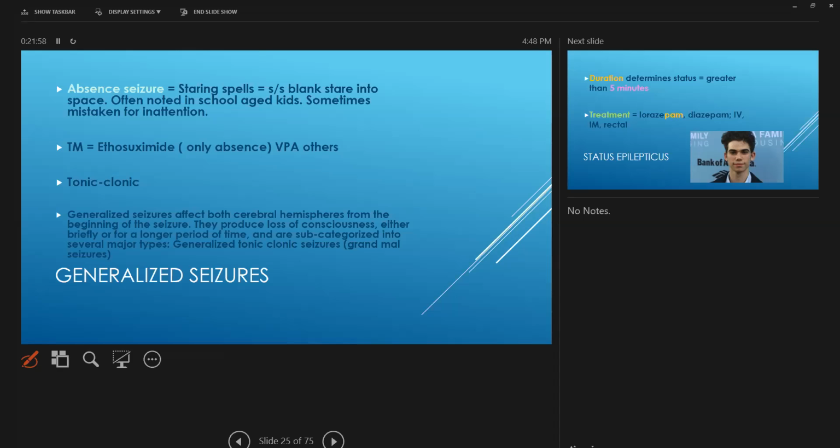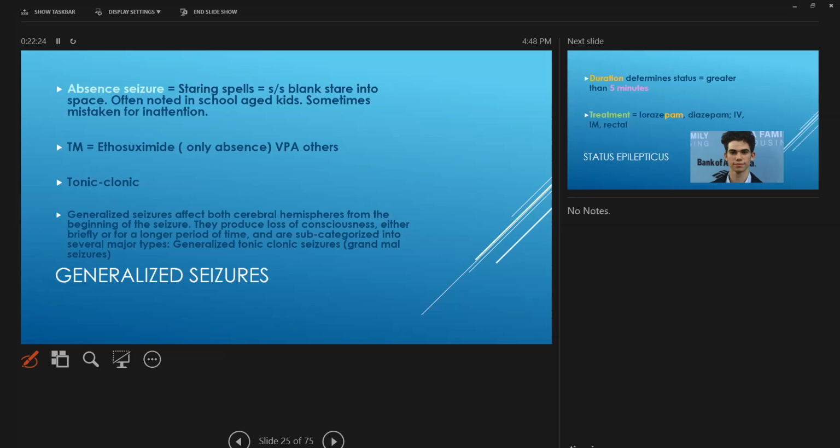Then we have our tonic-clonic seizures. These seizures are the ones where the patient is getting hypertonic, so they're tightening their muscles, and then they're also convulsing, okay? So that's considered tonic-clonic. So these generalized seizures are going to target both hemispheres, and that's really what makes them a generalized seizure.